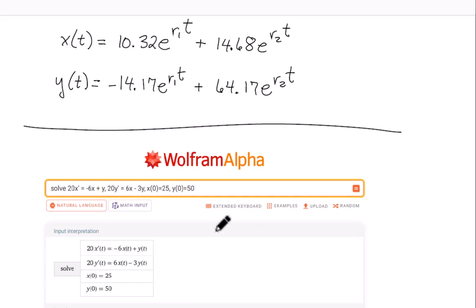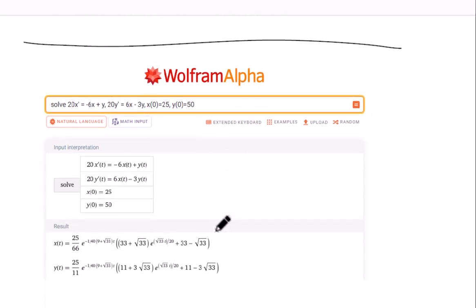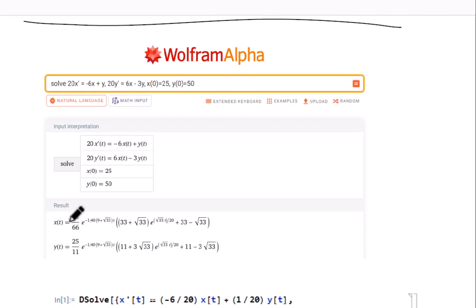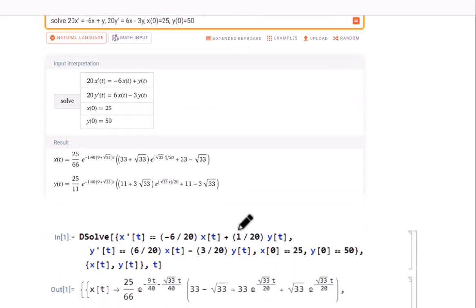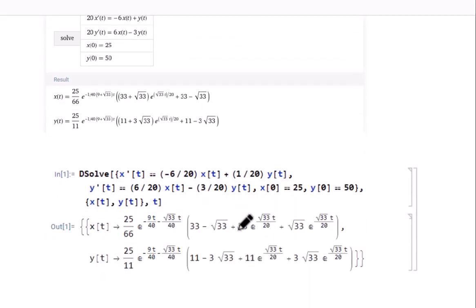If you use Alpha to solve it, it shows you here what the answer would look like. I also put the code into Mathematica itself, and you can see it puts in your R1 and R2 in the most accurate method possible.